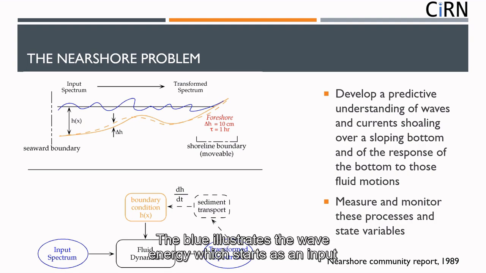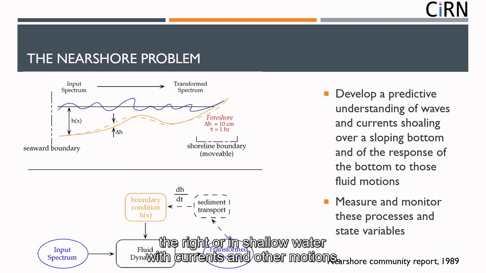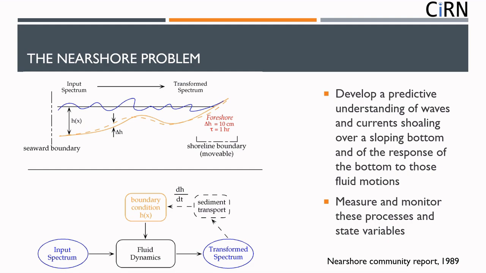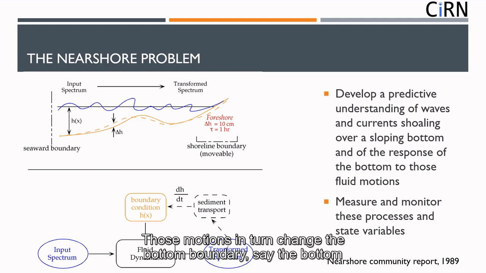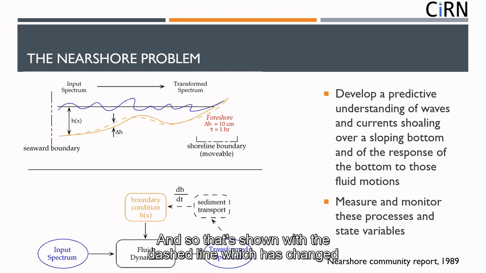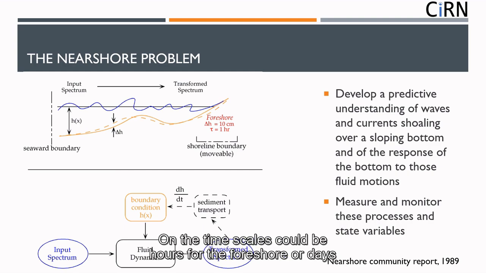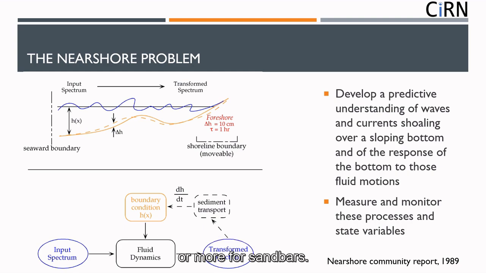The blue illustrates the wave energy, which starts as an input spectrum, starts to feel the bottom, and then goes through physical oceanography to become a very transformed spectrum on the right, in shallow water with currents and other motions. Those motions in turn change the bottom boundary, so the bathymetry. And that's shown with the dashed line, which has changed some amount over some time scale, and the time scales could be hours for the foreshore or days or more for sandbars.